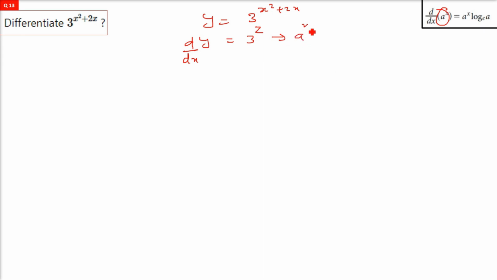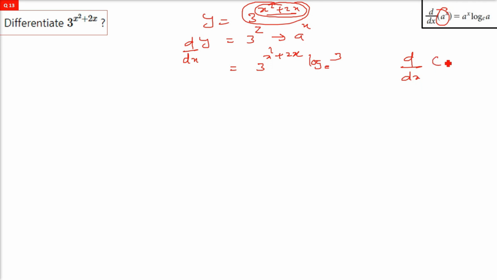If you compare it with a to the power x, a is 3 and x is your x square plus 2x total. So you have 3 to the power x square plus 2x, then log, then base is e, and then you have a is 3 here. But our work is not done.